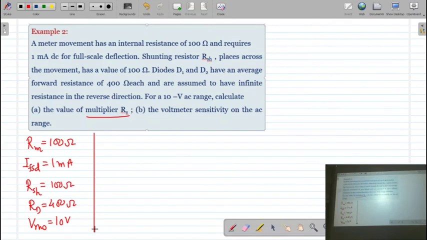So, what is the formula? Recollect your memory, here we have a full wave rectifier.